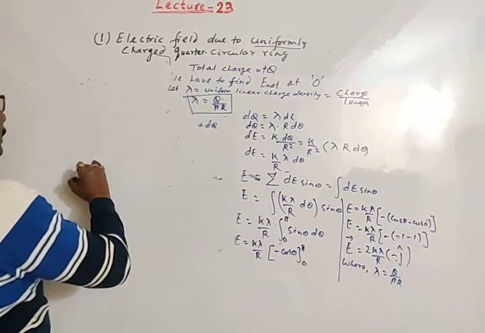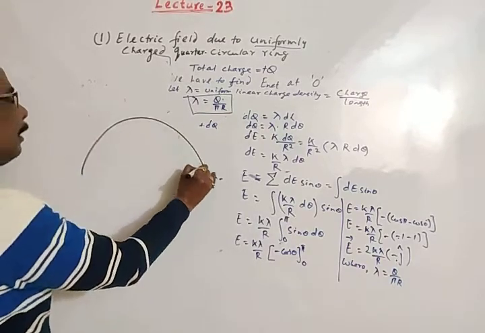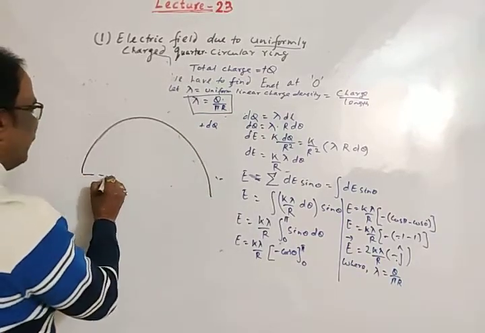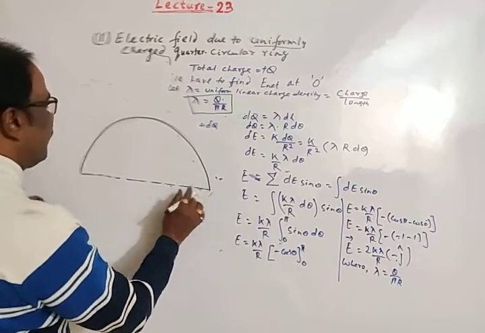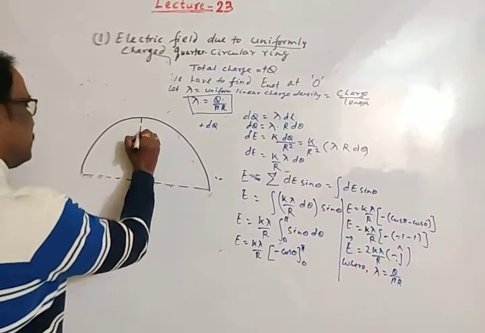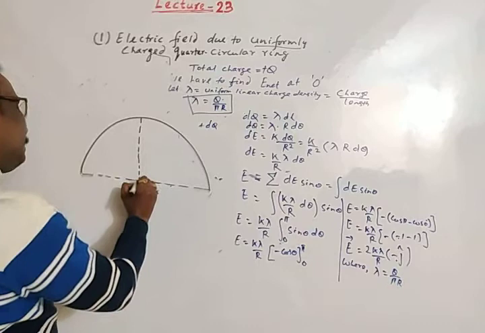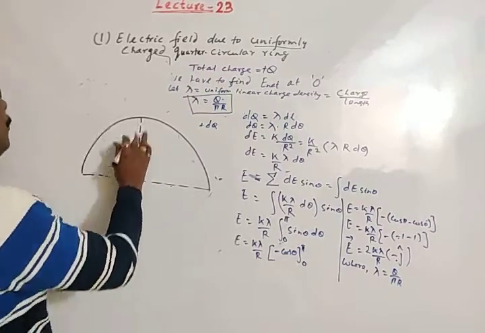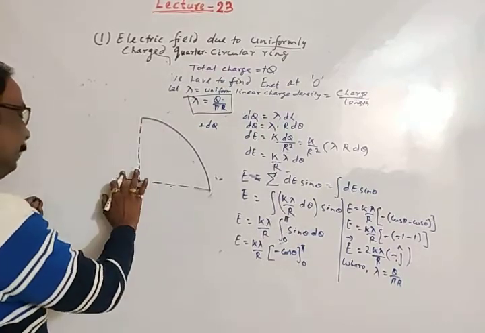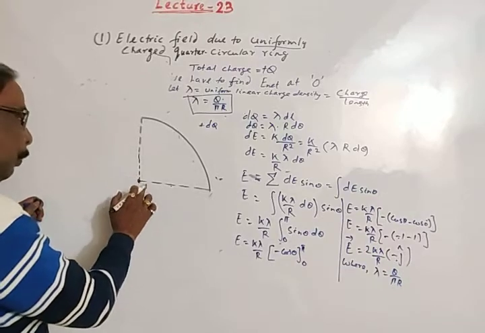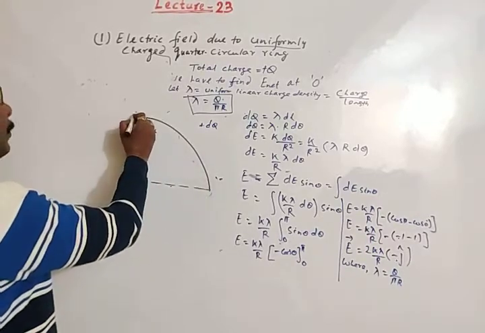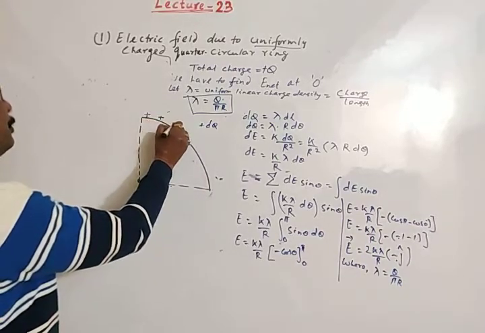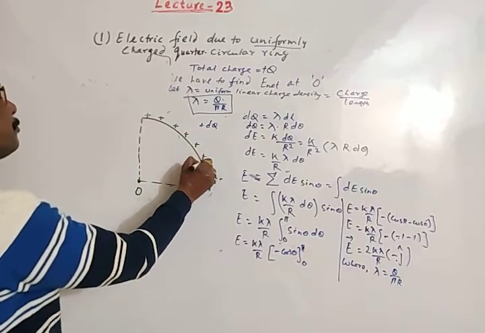See, this is the semicircle. This is the center of the semicircular ring, O. We have to find the electric field at center O due to the quarter circular ring which is uniformly charged.